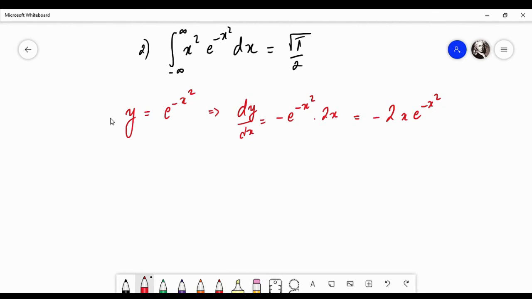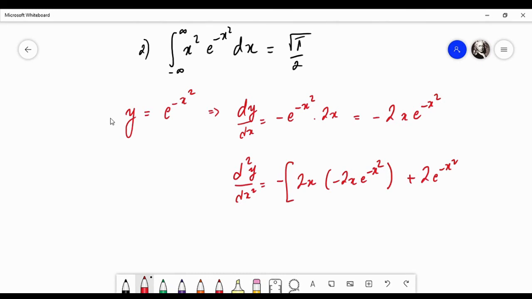Now let us differentiate it again so that we have some sort of pattern here. If I differentiate this again, do you all agree that we have minus 2x times (minus 2x e to the minus x squared) plus minus 2 e to the minus x squared?